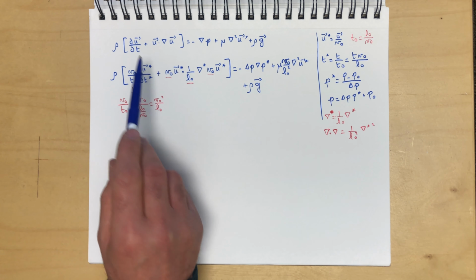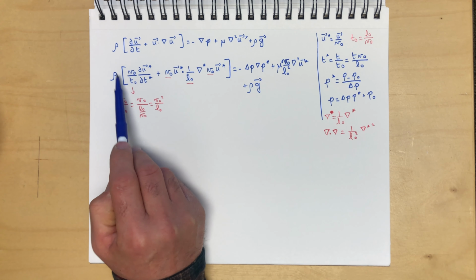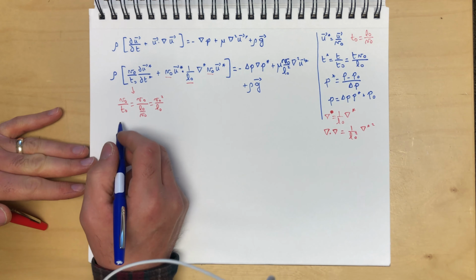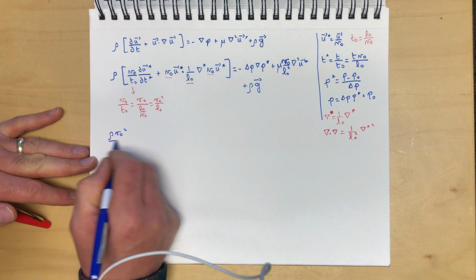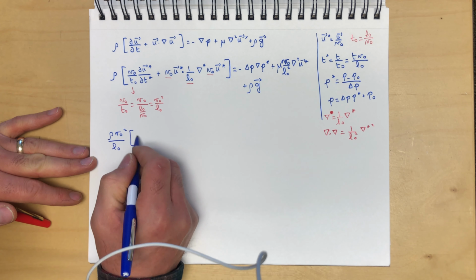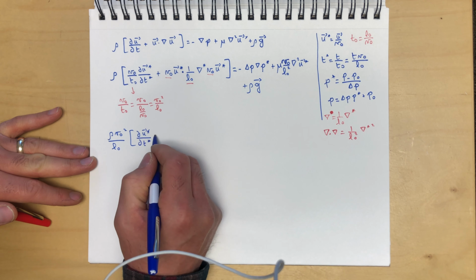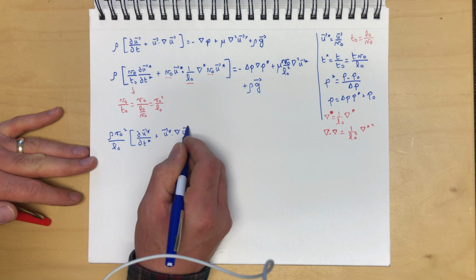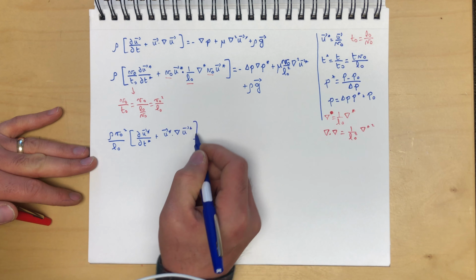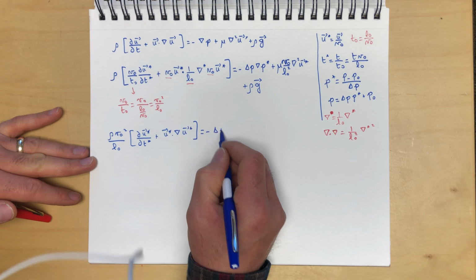And this makes sense because if you think of this guy, it's the material derivative, so it should be multiplied by the same factor. So this gives us rho V0 squared over L0 times du star by dt star plus u star dot grad u star is equal to minus delta p.